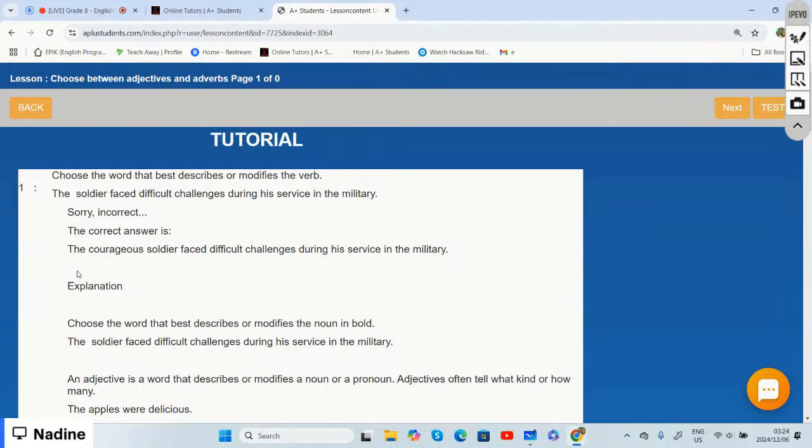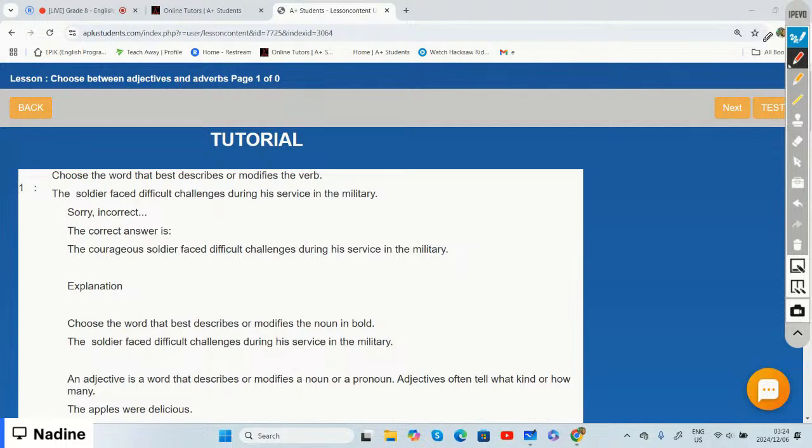It says the soldier. So we need to say the what soldier faced difficult challenges during his service in the military. Do we say the couragely soldier, or the courageous soldier?